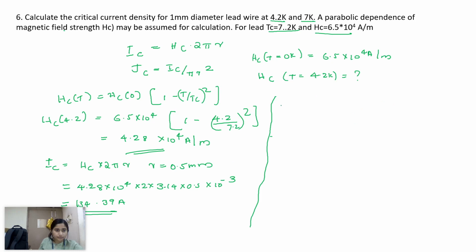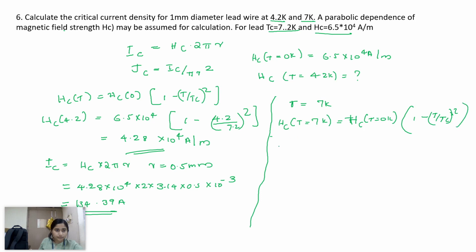Now what you have to do? Similarly, you have to use the same thing here also, T equal to 7 Kelvin. So the same formula: Hc of T at 7 Kelvin will be Hc of 0 Kelvin times (1 minus (T divided by Tc)) whole square.